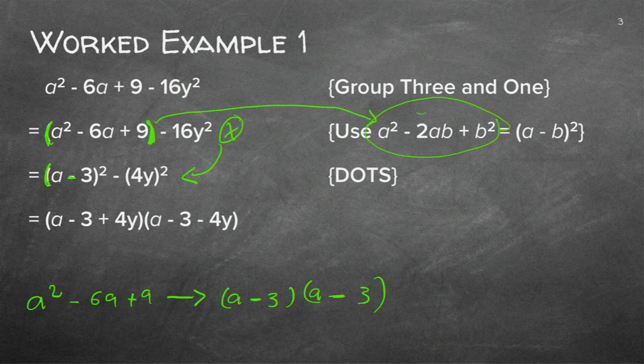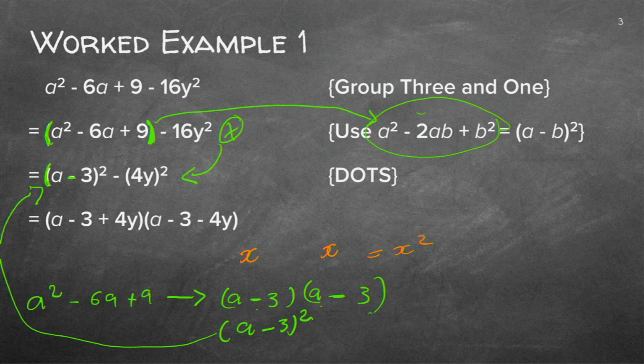So if you had x and x, you can write this as x squared. Now the same thing happens here since we have a minus 3 and a minus 3, so it means we have the same thing. So we can easily write it as a minus 3 squared. That is why you found yourself up there with that. Okay, so that's where it's coming from.